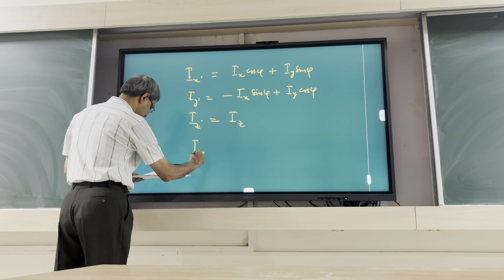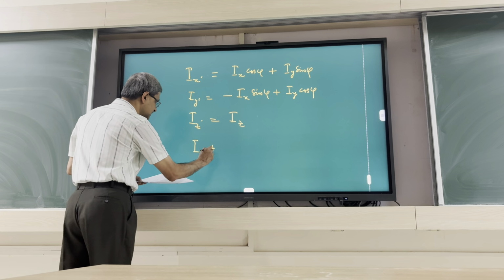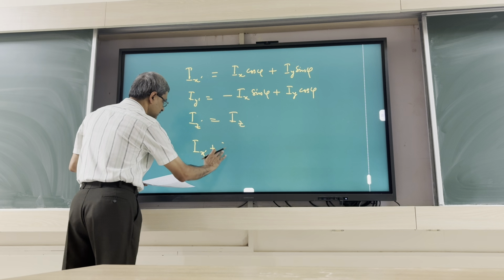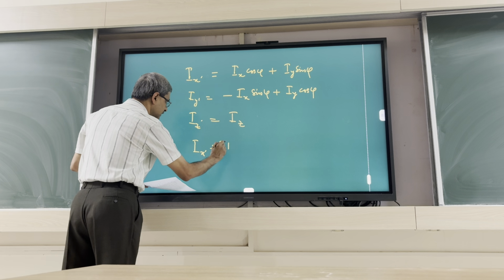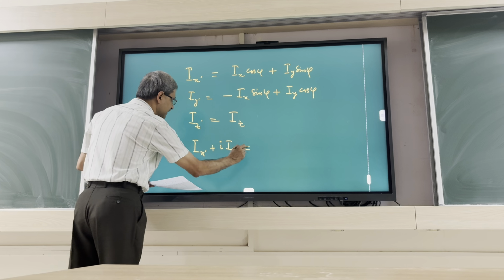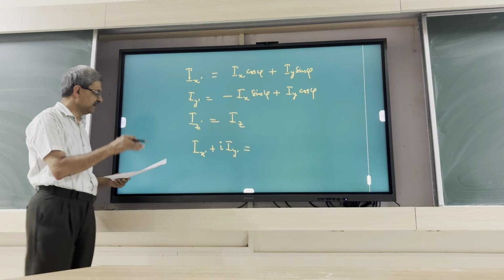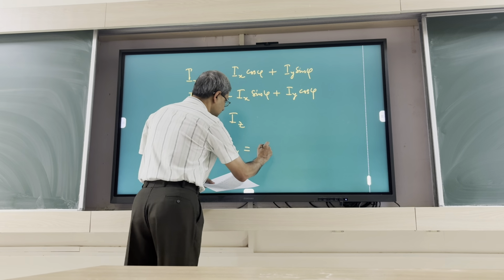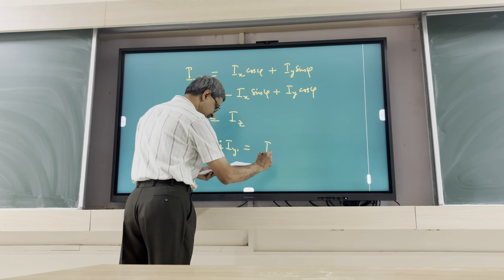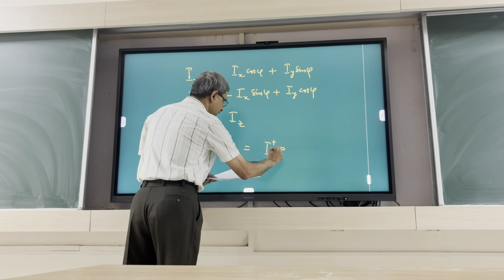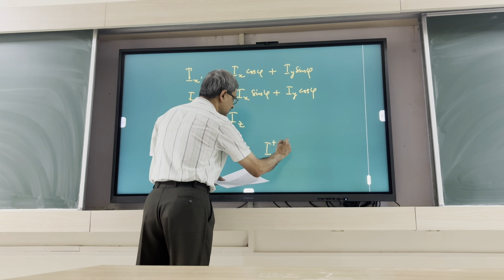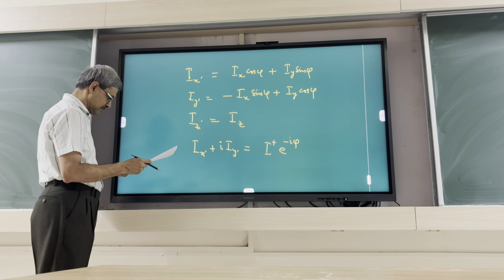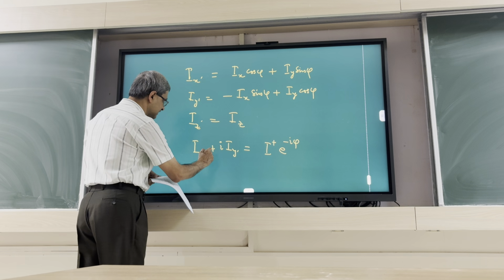So Ix prime plus Iy prime, this sort of raising operator in this rotated situation, is I plus e to the minus I phi, and likewise with the minus sign here.